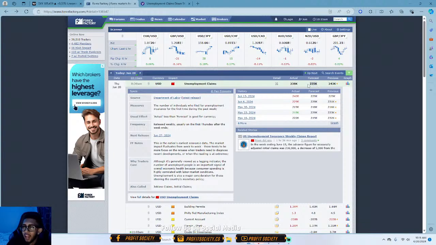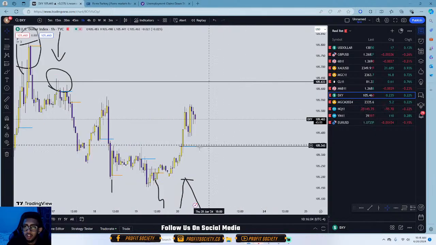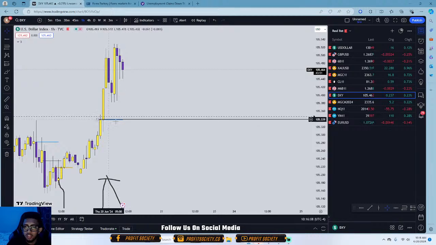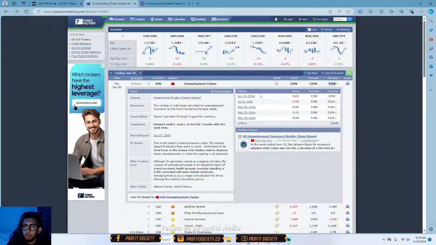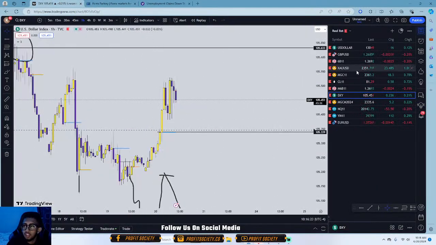We came out higher than forecast, but we didn't beat previous. What does that mean? We can probably see some initial bearish signs here from the dollar, but pay attention closely once we get down closer to this imbalance, closer to this level that I have here, because once the market sees that we beat the forecast, but we didn't beat previous, we could get some bullish signs.